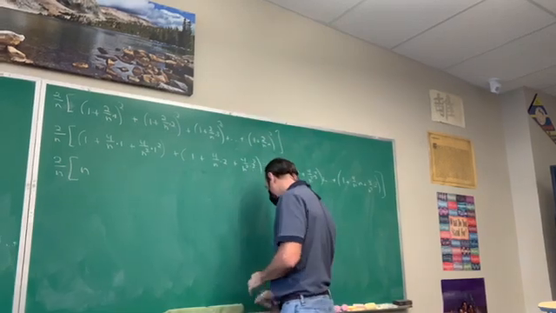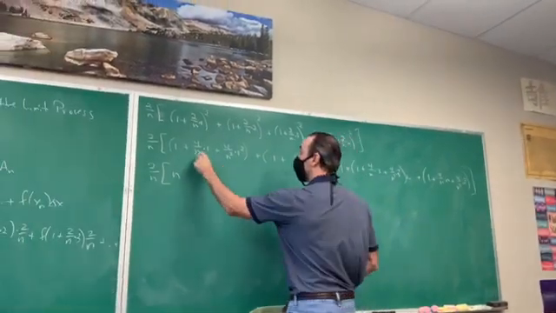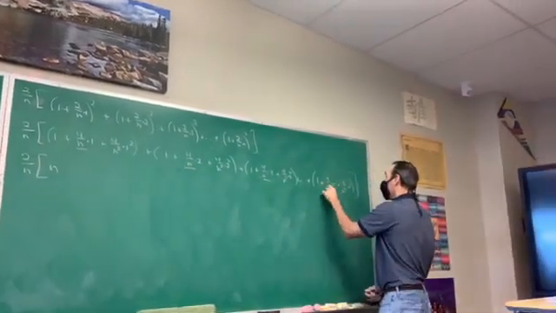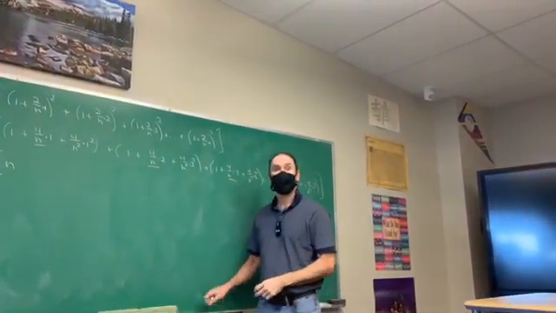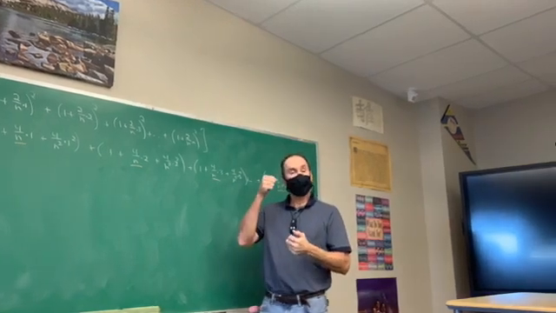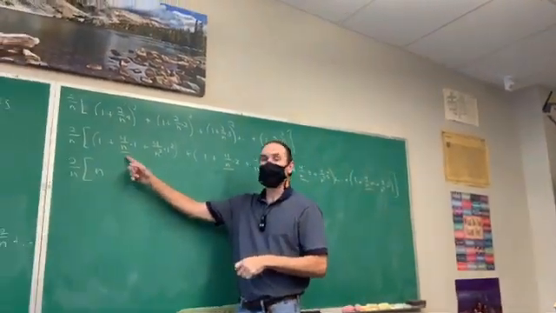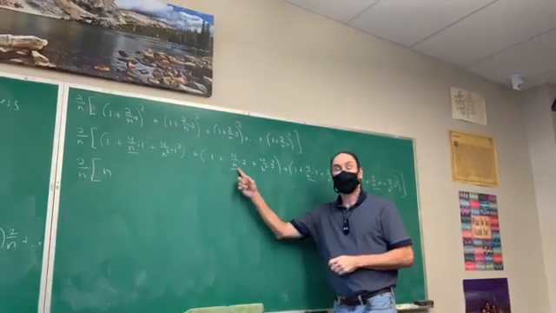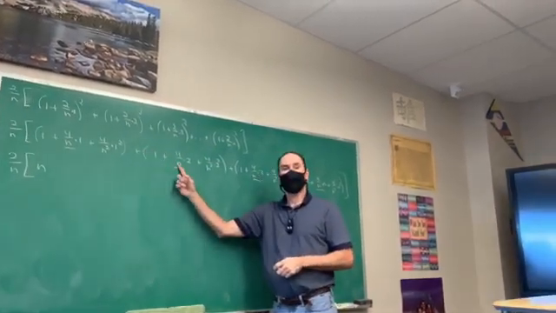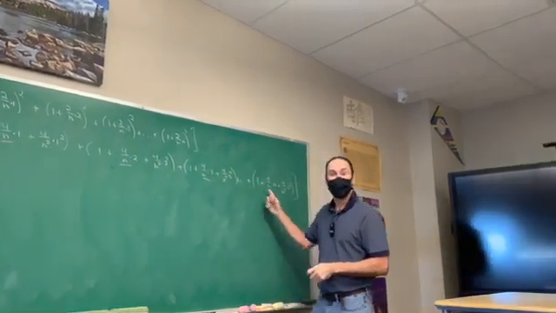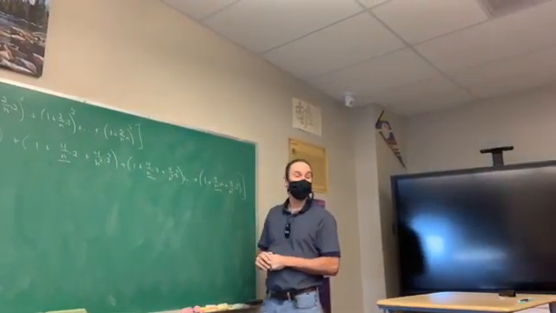Now, I'm going to ignore the squared terms, but we're just going to direct our attention to those middle terms, all the ones that have 4 over n times something. So we have a 4 over n times 1, plus a 4 over n times 2, plus a 4 over n times 3, plus all the way out to 4 over n times n.